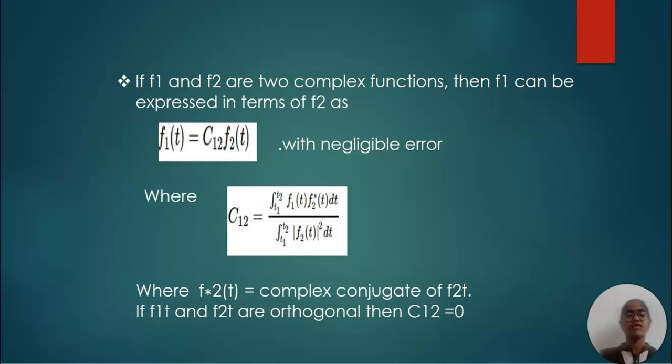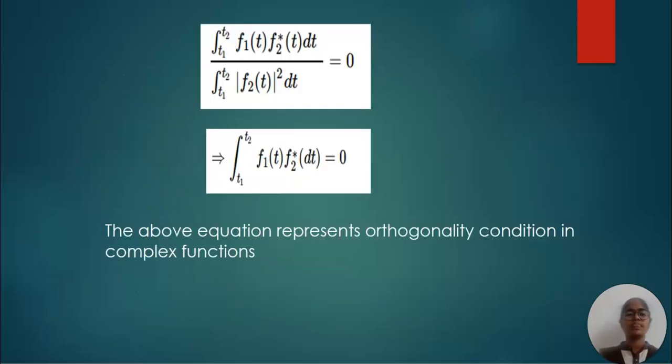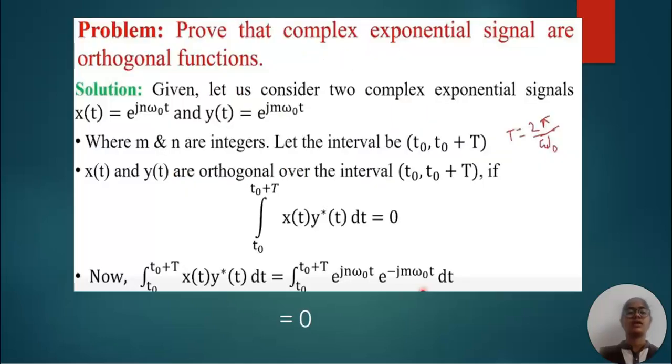If f1(t) and f2(t) are orthogonal, then c12 equals 0. Here the integral from t1 to t2 of f1(t) f2*(t) dt equals 0. The above equation represents the orthogonality condition in complex functions.